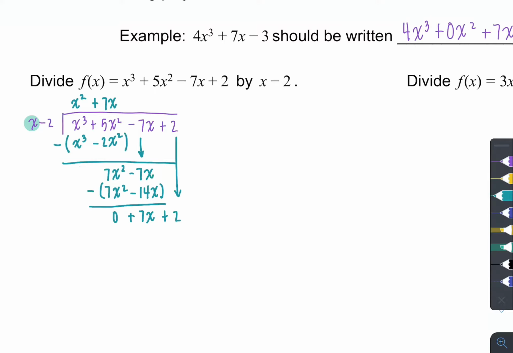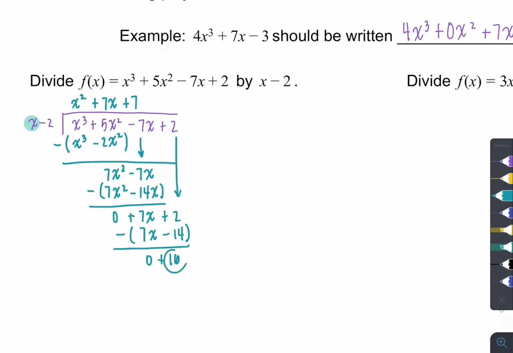All right. Now I ask myself, what do I multiply x by to get 7x? It's 7, so we do 7 times x is 7x. 7 times negative 2 is negative 14. We subtract, so we get 0, and 2 minus negative 14 is a positive 16, and we stop there.